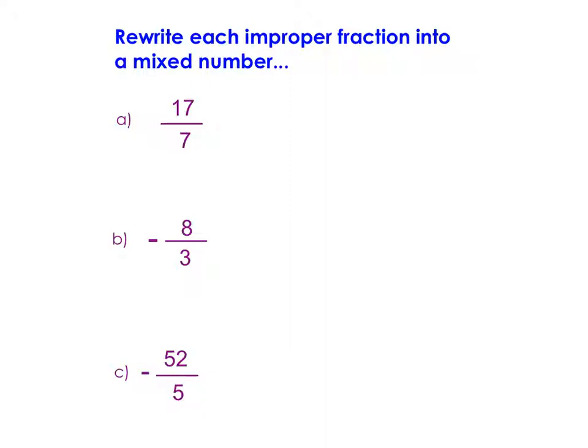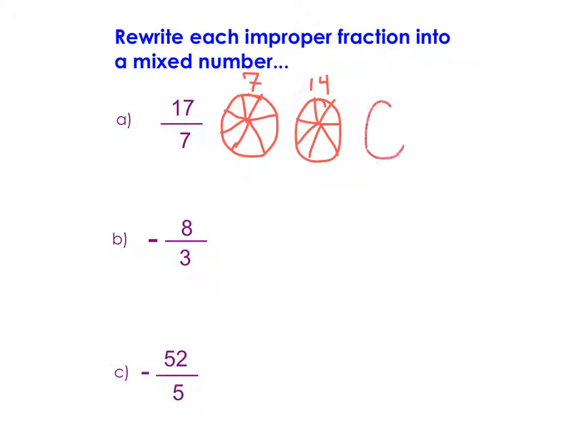So here I see 17/7, which to me is a little confusing, but let's draw that out based on what we know about fractions. If I draw a circle, we have 1, 2, 3, 4, 5, 6, 7 pieces there. That'll cover 7 of the 17. We then have 7 more pieces there, so this is 7, and this gets us to 14.